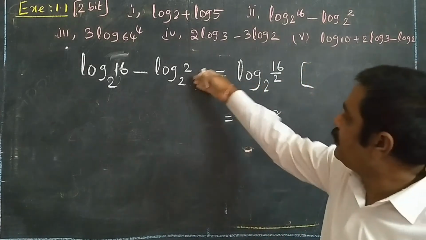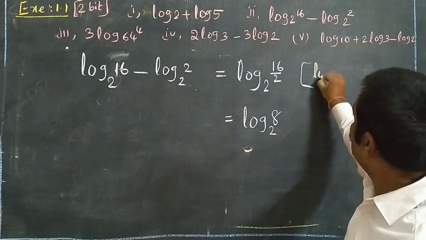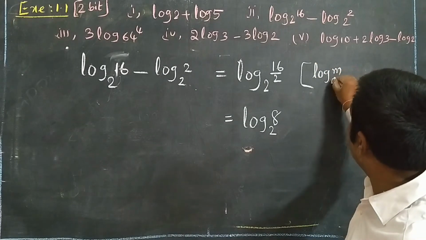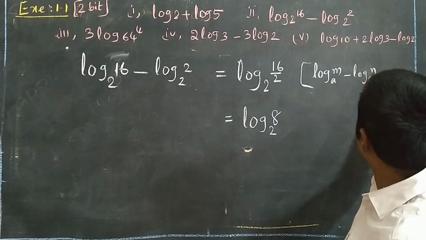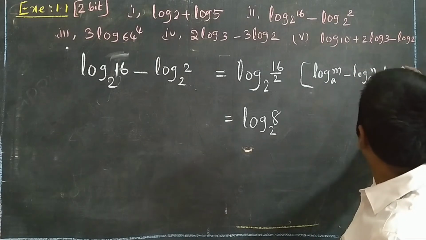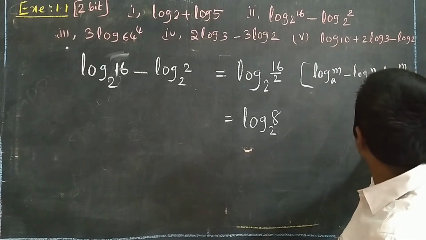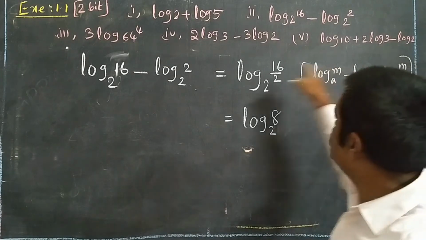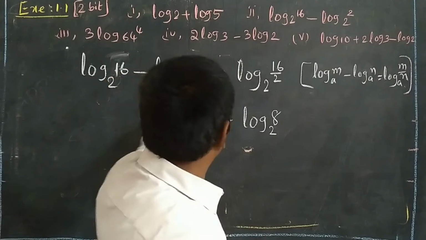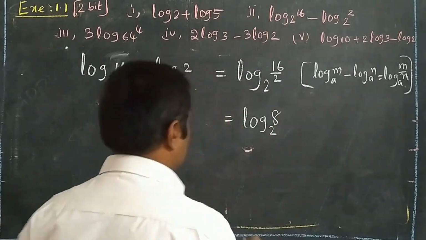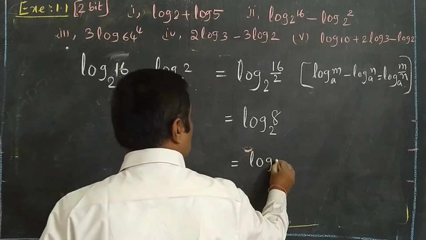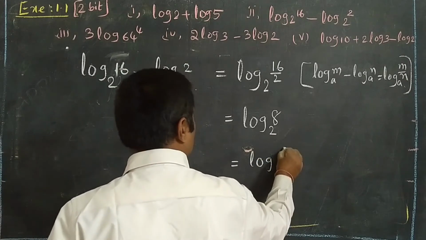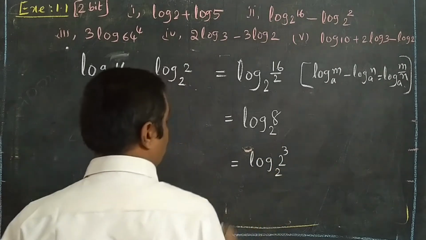Here what formula we are using here? Log m base a minus log n base a equals log m by n base a. So we use this formula and we have to write 16 by 2 equals 8. And that 8 we have to write log 8 as 2 cube base 2.